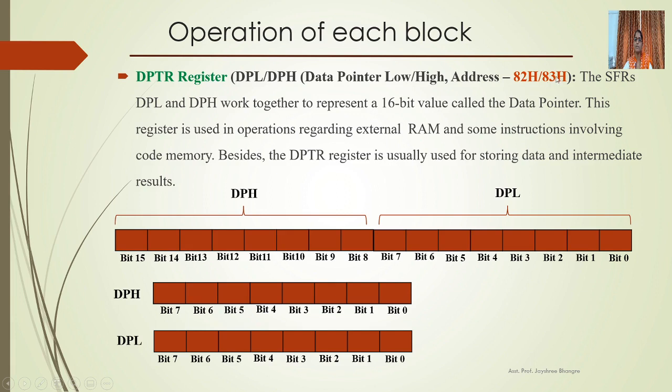These are the addresses of these two registers: 82H is the address of data pointer low and 83H is the address of data pointer high. So this register is used in operations regarding external RAM and some instructions involving code memory. Besides, the DPTR register is usually used for storing data and intermediate results. Upon reset, its value is set as 00.